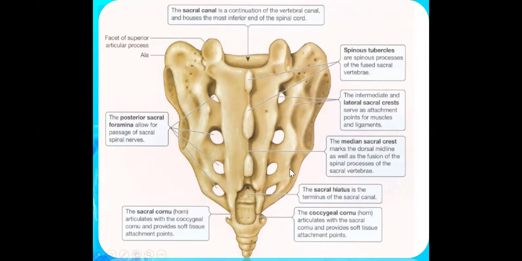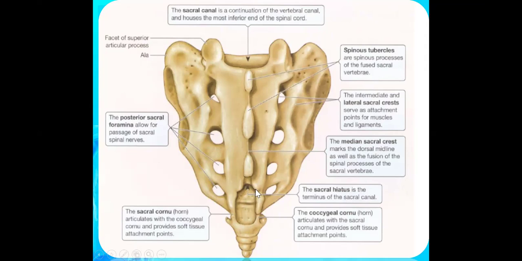So we have the lateral sacral crest, the intermediate sacral crest, and the median sacral crest. On the other side, there are also the intermediate sacral crest and the lateral sacral crest. These foramina on the posterior side are known as the posterior sacral foramina, and they allow for the passage of the sacral spinal nerves.